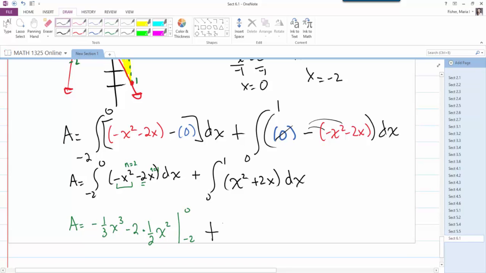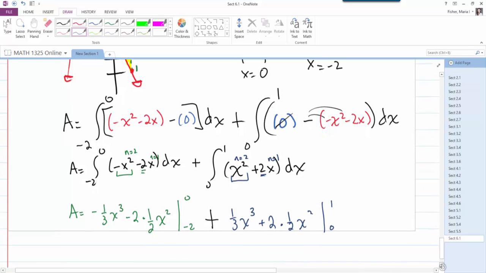Plus, let's integrate the other one. Here my n is equal to 2, so you're looking at 1/3 x cubed plus, remember 2 is a constant multiple, multiplies along, our n here is equal to 1, so times 1/2 x squared, all of this evaluated from 0 to 1.